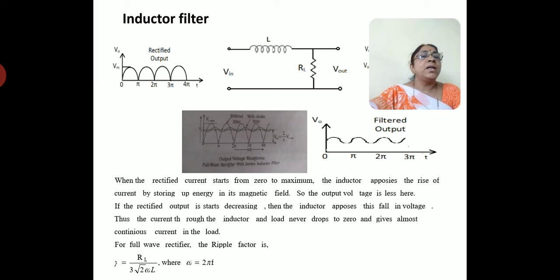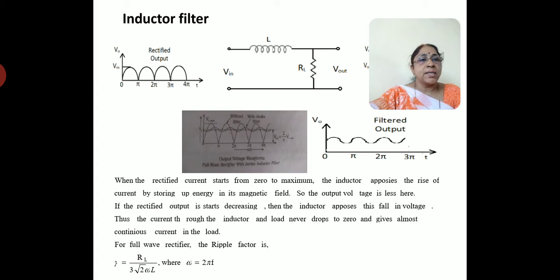And if the rectified output starts decreasing from Vm to 0, then the inductor again opposes this fall in the voltage. Therefore, due to that, it will not reach 0 volts or Vm. Thus, the current through the inductor and the load never drops to 0, and it gives an almost continuous current in the load.